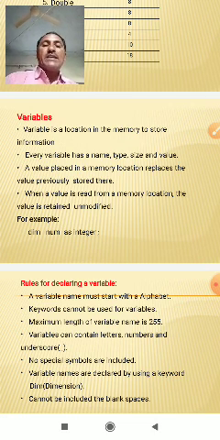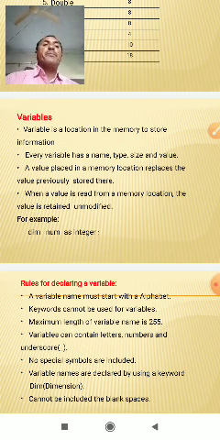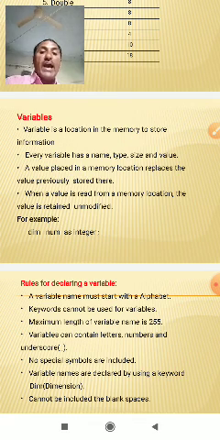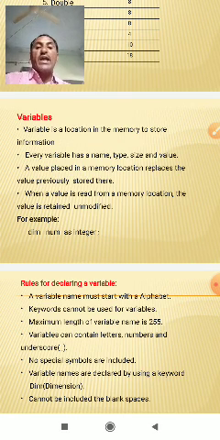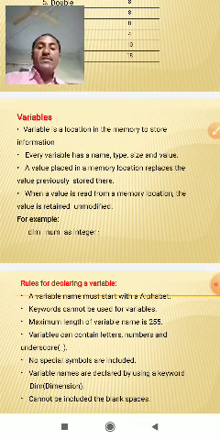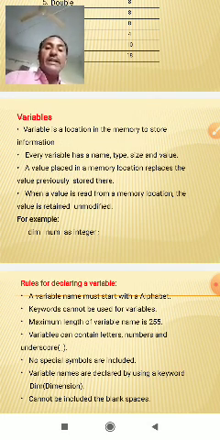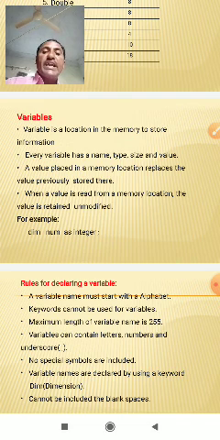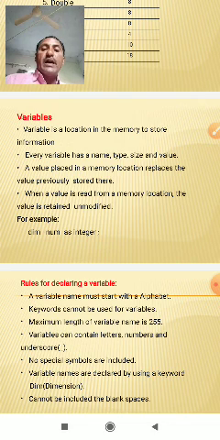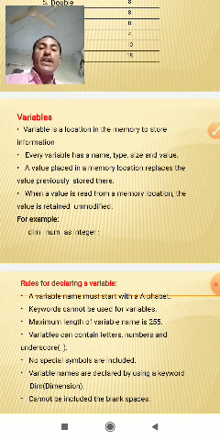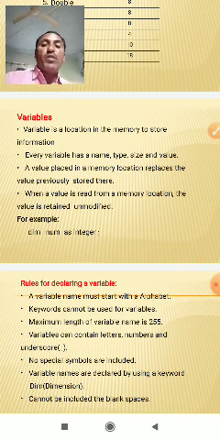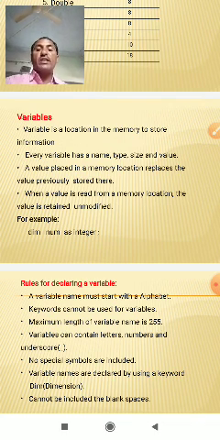A value placed in a memory allocation replaces the value previously stored there. When a value is read from a memory allocation, the value stored in that variable is returned.